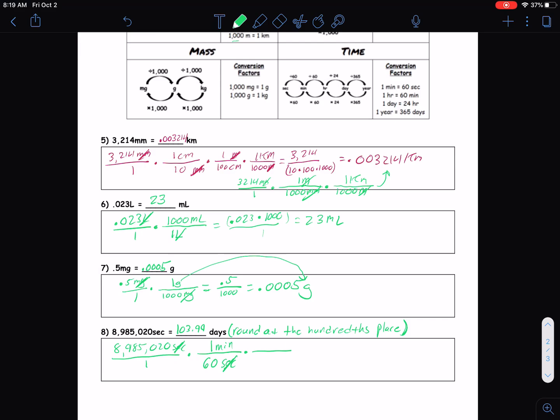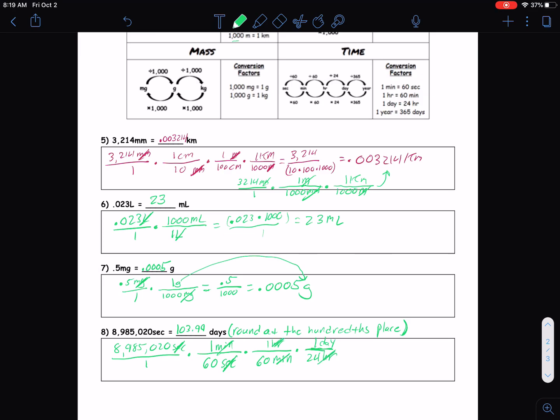We're still not at days. I can't turn minutes into days, but I can turn minutes into hours. 60 minutes equals 1 hour. We're still not there yet because hours isn't what we're looking for. Now we can turn hours into days, though, according to our conversion factors. 24 hours equals 1 day.